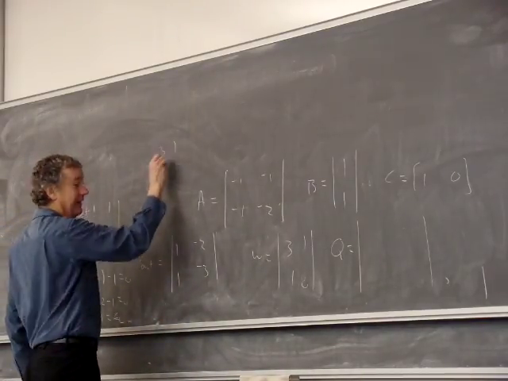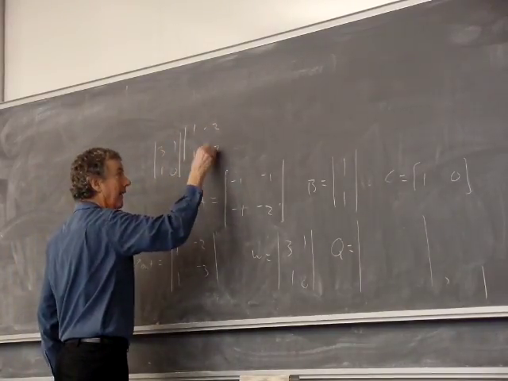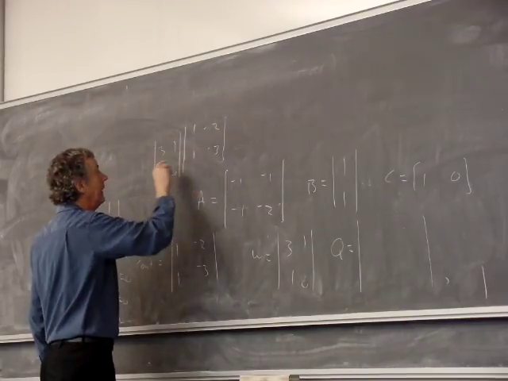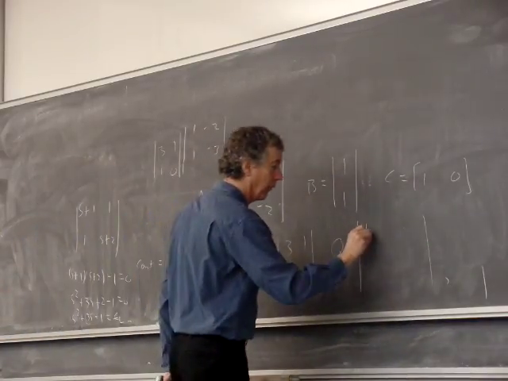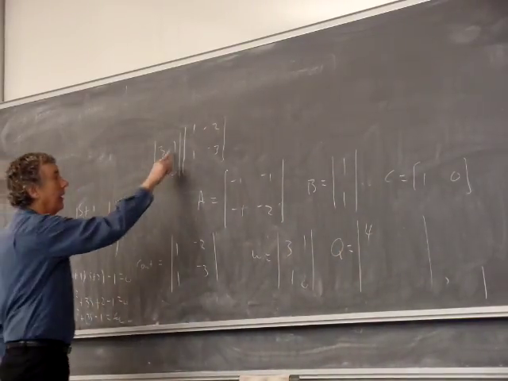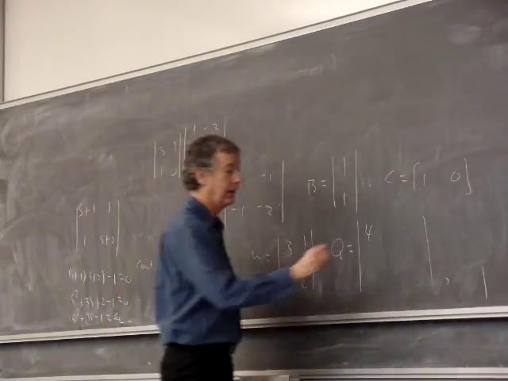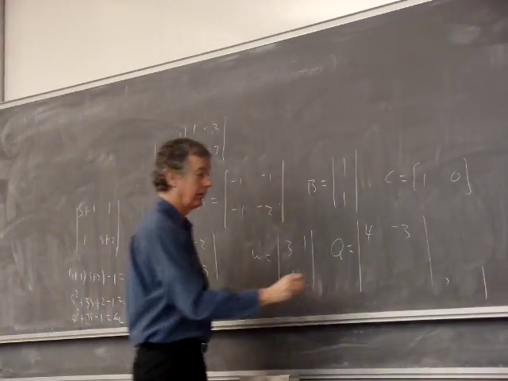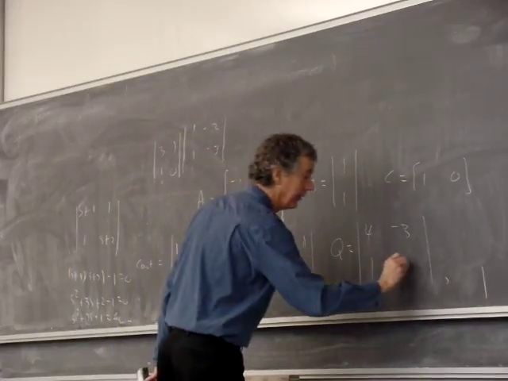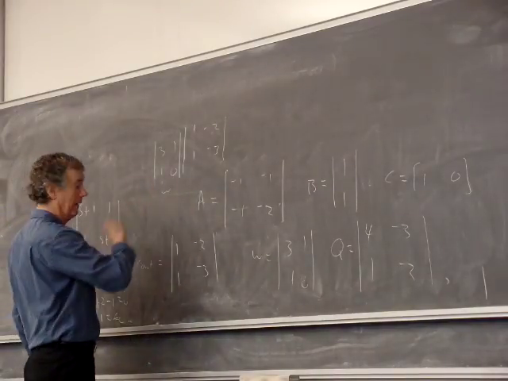Let's do this. 3 plus 1 is 4. Minus 6 minus 3 is 3, 1, 0. And minus 2. Is that right? This is W.